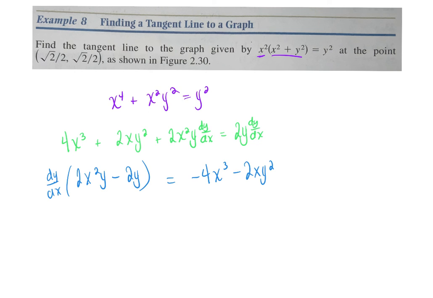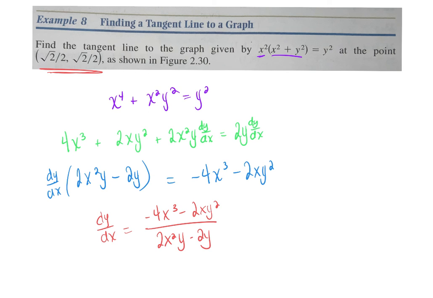And then divide. All right. This is the first derivative. In fact, you don't even have to worry about simplifying it at this point. I don't think you can, because you already have a point to plug in. Granted, a hideously ugly point, but a point nonetheless to plug in.